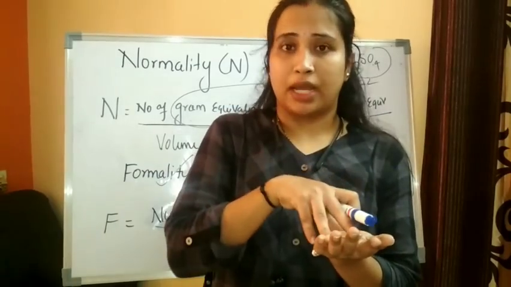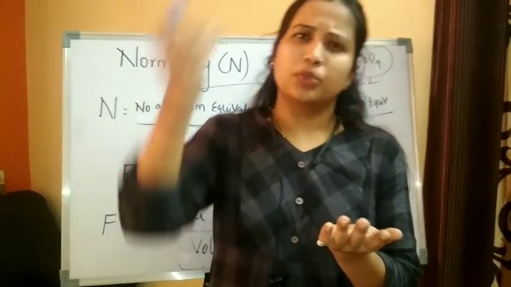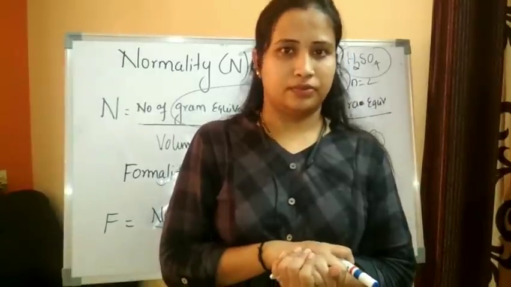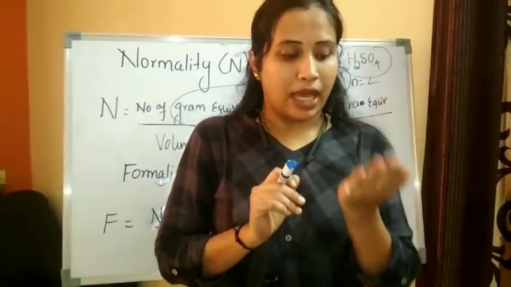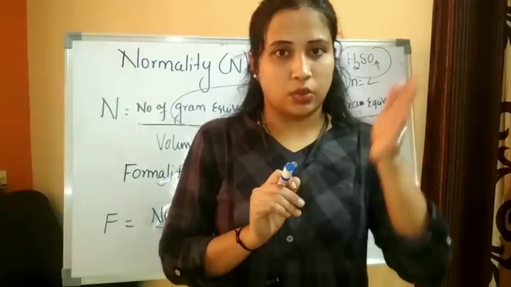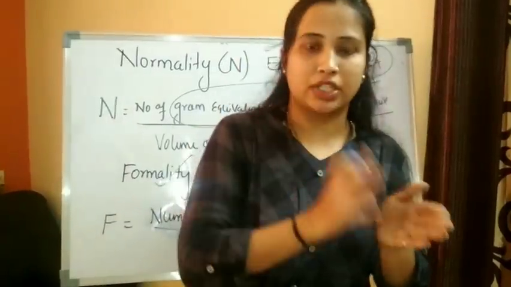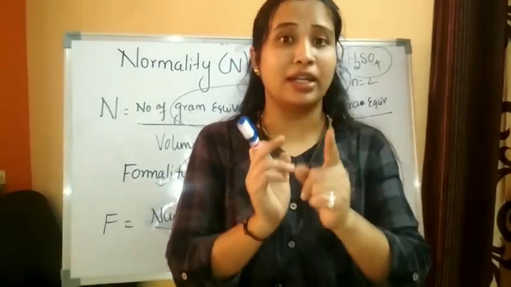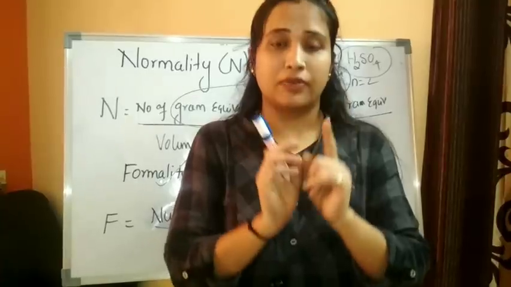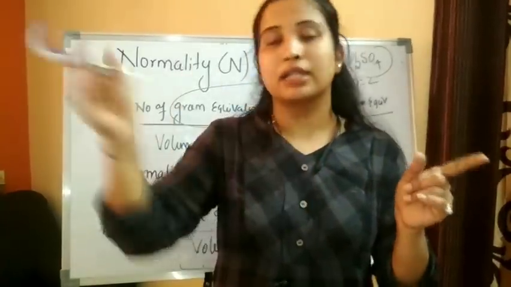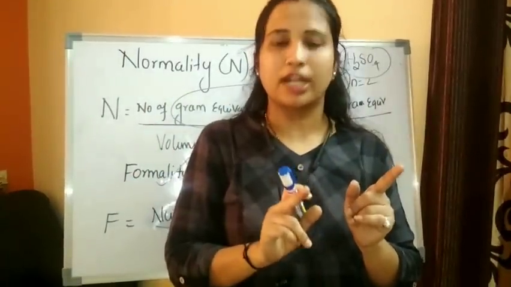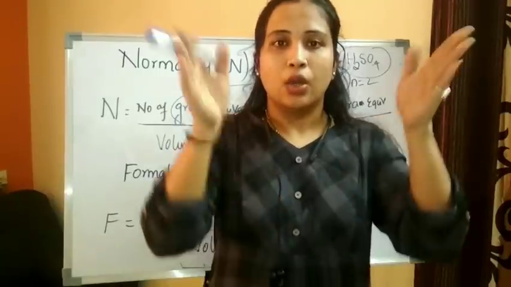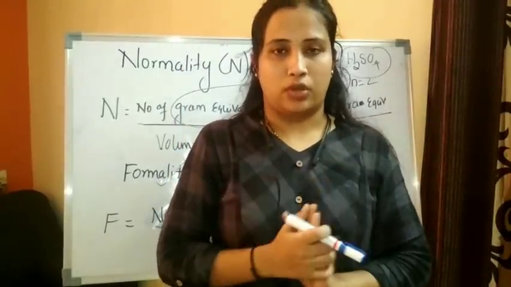Along with the sodium chloride, I am going to put potassium chloride. So I have in a solution sodium chloride as well as potassium chloride. I have weighed a definite quantity of sodium chloride and a definite quantity of potassium chloride, and I have dissolved them in 1 liter of the solvent.